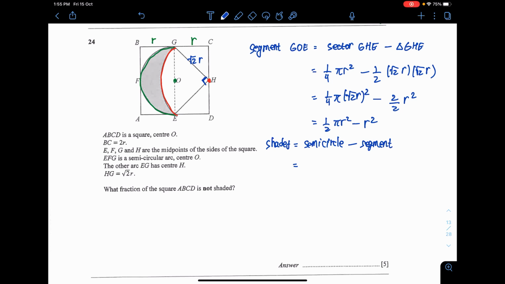Okay, the length of GE, first of all, is by doing Pythagoras theorem, 2r square plus 2r square. I'm using the right angle triangle GHE. That will be 2r. Wow. Oh yeah, it is 2r. I don't need to do that because this is r also, right? Because of the square. Yeah, overthinking it.